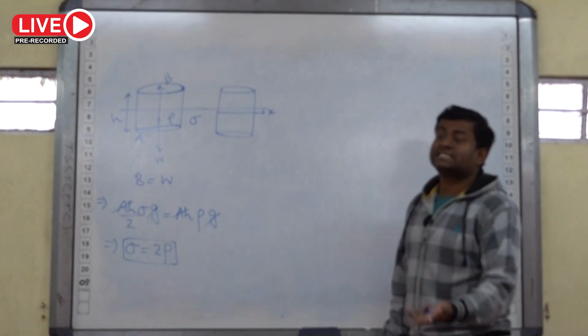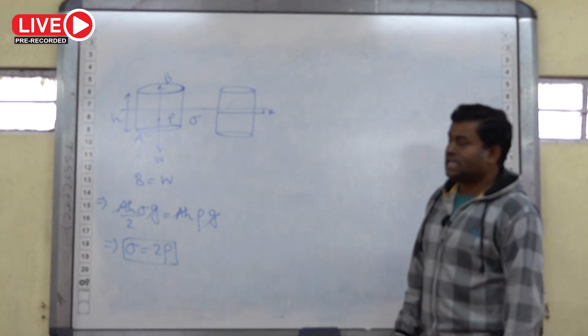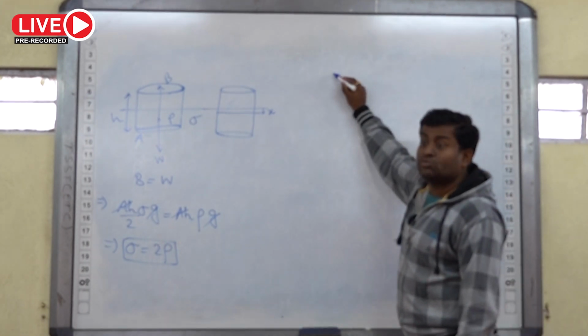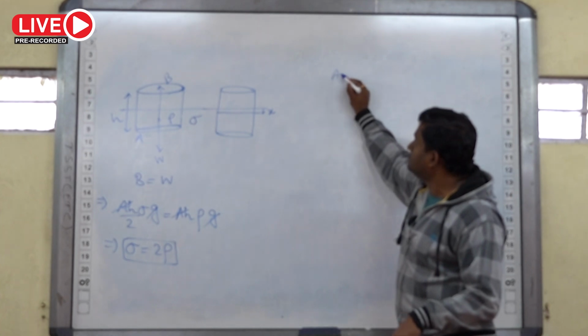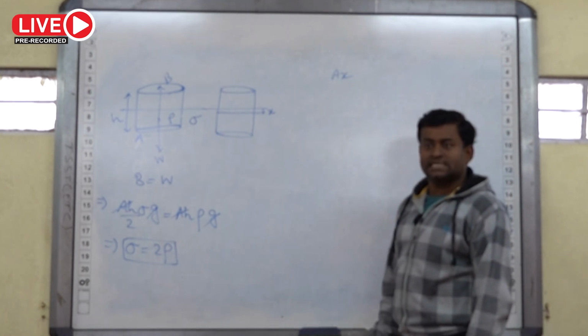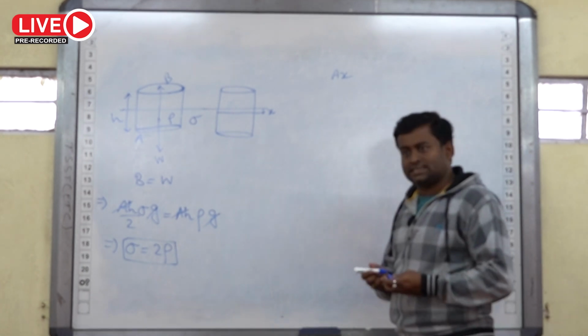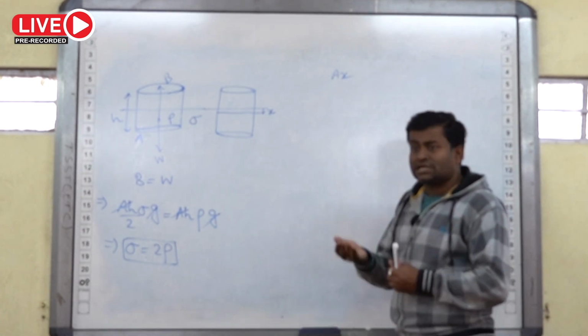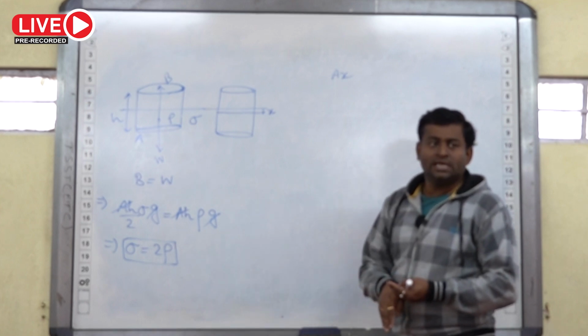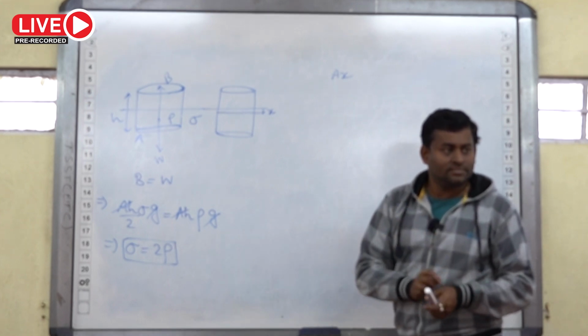So what is the excess buoyant force? Excess buoyant force is how much new volume is immersed, Ax. Area of cross section is A, and extra distance pushed inside is x. So the extra volume that is immersed in the liquid is now Ax.